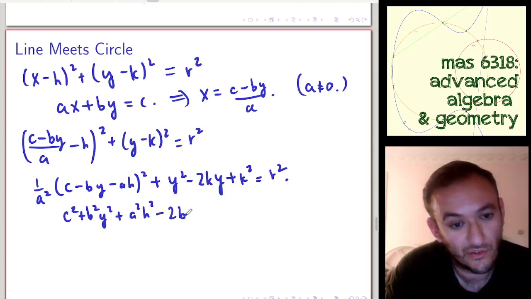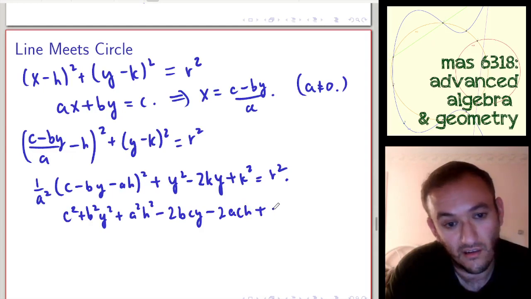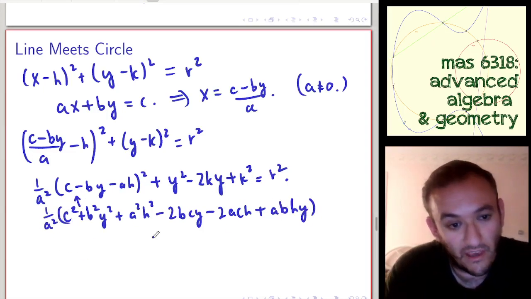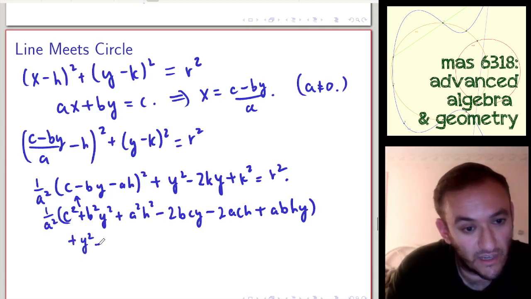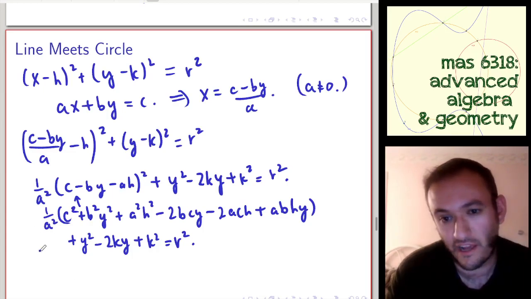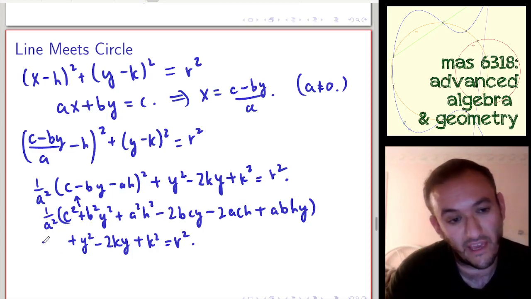Okay, so that's what comes out of here, and that's 1 over a squared. And then we have the rest of the equation, plus y squared minus 2ky plus k squared equals r squared. Okay. And again, I don't love having fractions, so let's just multiply through by a squared.